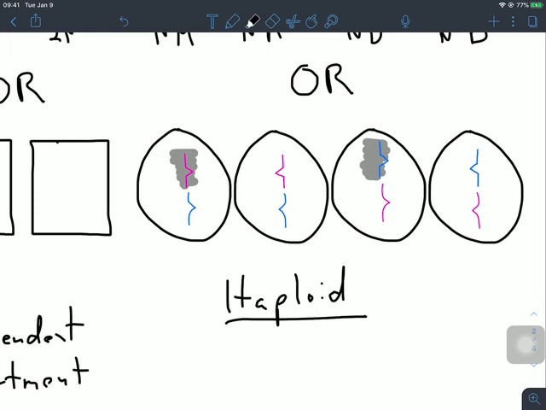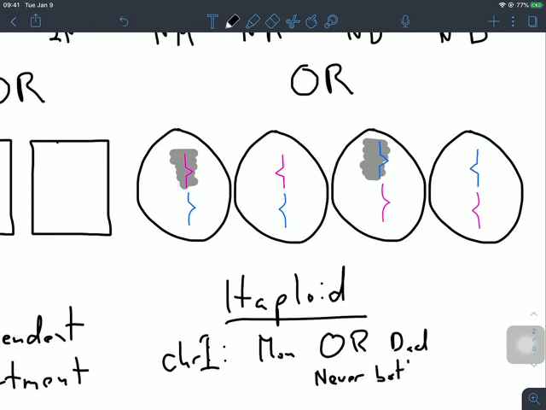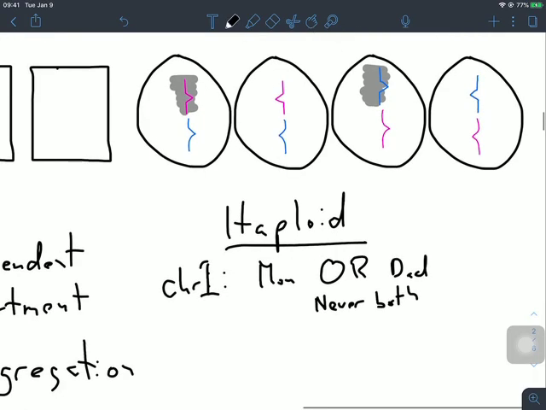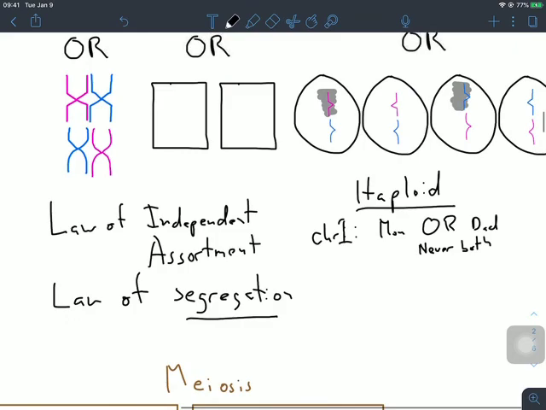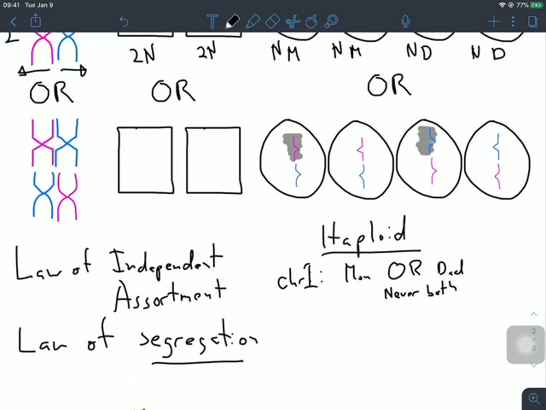So basically, for chromosome 1, the law of segregation says that each gamete is going to be either mom or dad, never both, unless things have gone awry, but that's another lecture. So they are segregating. They're separating, right? Mom and dad alleles are separating.